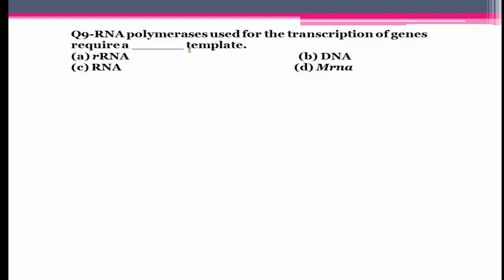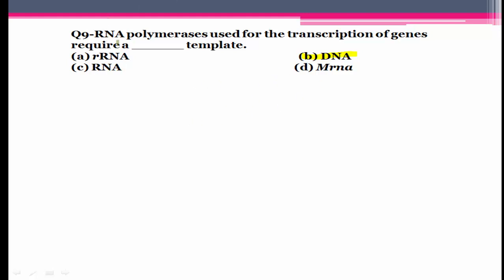So when we say the term RNA polymerase, it is understood it is a DNA dependent RNA polymerase. That means the normal process of transcription is taking place. It is not reverse transcription. When the process is normal transcription, the DNA dependent RNA polymerases are involved in the process and they require DNA as template.